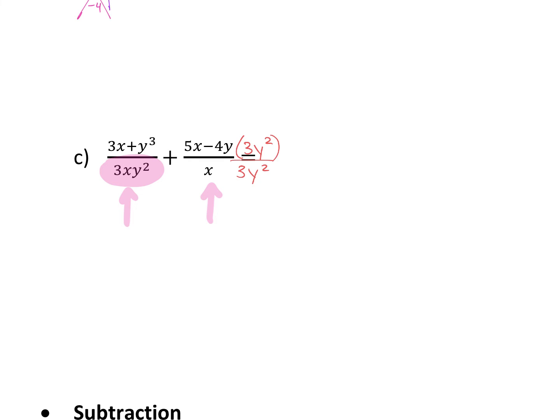When you do that, Isaiah asked a good question: do we have to distribute that? What do you think? Yes, this is an expression that 3y squared has to get multiplied by, both of those things.